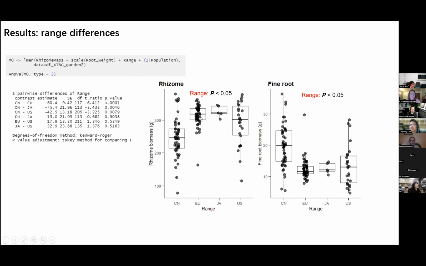And this is the rhizome differences across different ranges. That's why I said this was very different from the other experiment.